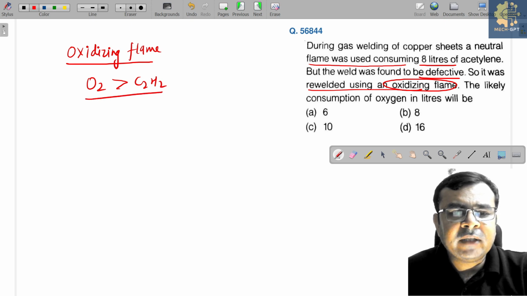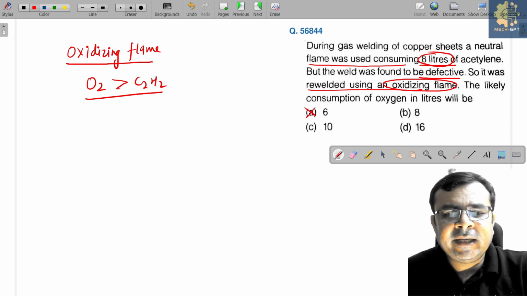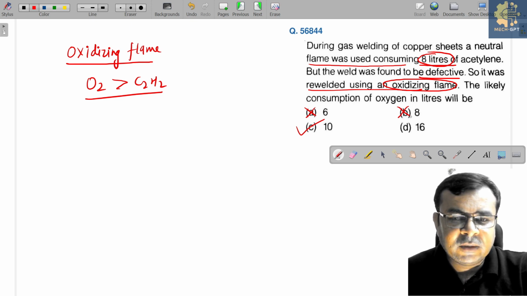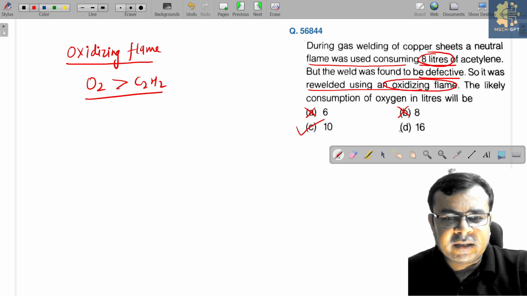So if you use 8 liter acetylene, then definitely the quantity of oxygen is more than 8 liter. So the correct answer is option C. Why am I not selecting 16? Because the oxygen is only slightly higher than the acetylene, so we provide options slightly more than the actual quantity of acetylene. So the correct answer is 10. This is not the right answer.